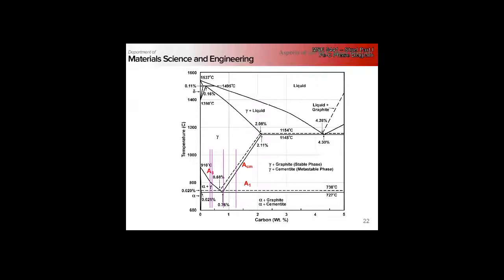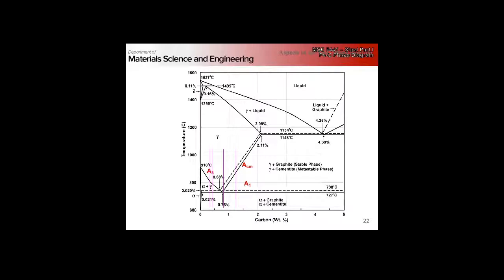Okay, so let's consider what's going to happen. Right, so this got shifted a little bit. If we're right at the eutectoid composition, what's our structure going to look like? Right, and we cool down very slowly. Right, so we're going from gamma, so our carbon is fully soluble.